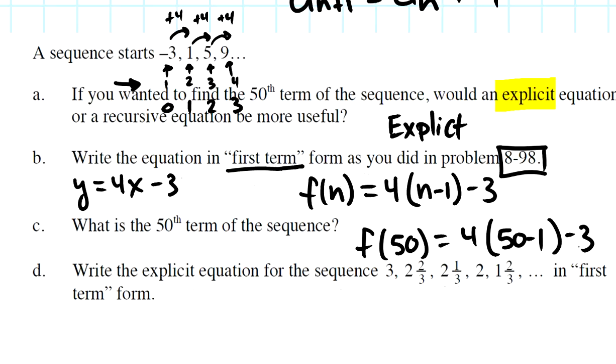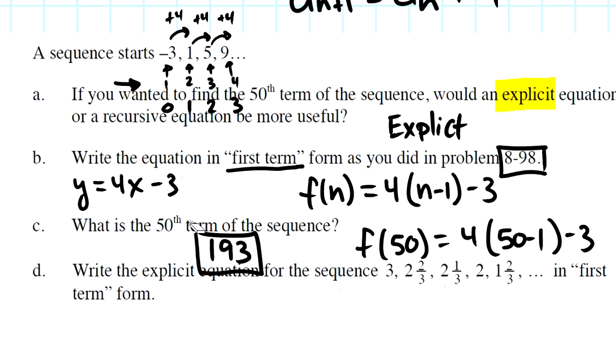So if I grab my calculator, 50 minus 1 is of course 49. I'm going to multiply that by 4, and then subtract the number 3 from that. So I get that the 50th term should be 193. There are definitely other ways that we can get this, but I think that's probably the best way.